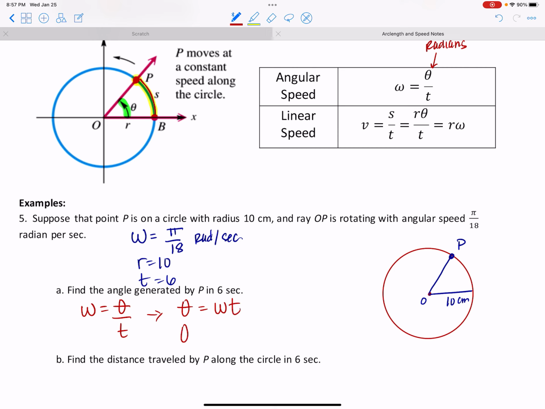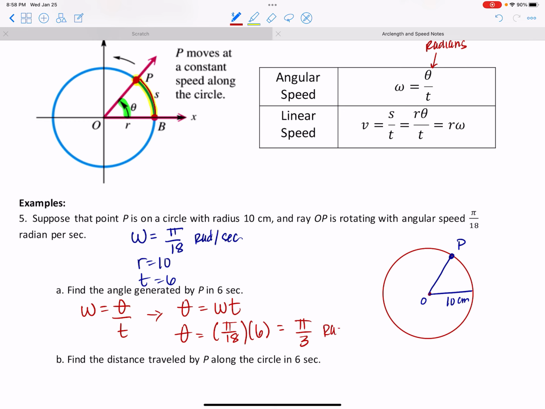So I'm going to find my angle by multiplying the angular speed that was given to me, so pi over 18 radians per second, and then I'm going to multiply that by time. And what's my time again? 6 seconds. Sorry, it's right there in front of me. And so if I reduce the 6 and the 18 to 1 and 3, this becomes pi over 3, and that's going to be radians.